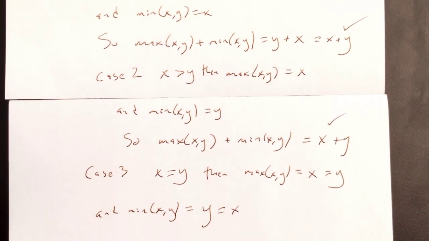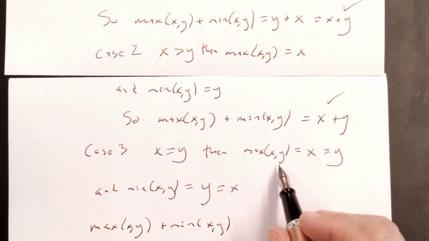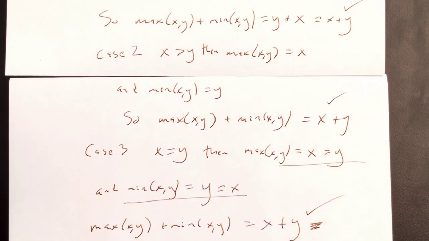So when I go to add the maximum and the minimum together, I can pick whichever one I want up here for the maximum. Might as well pick x. I can pick whichever one here I want for the minimum. Might as well pick y. Well, that's exactly what I wanted it to be, x plus y. I'm done.